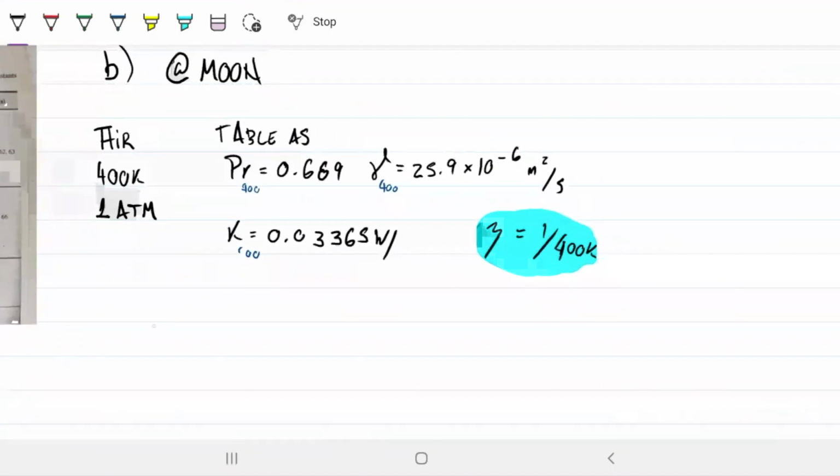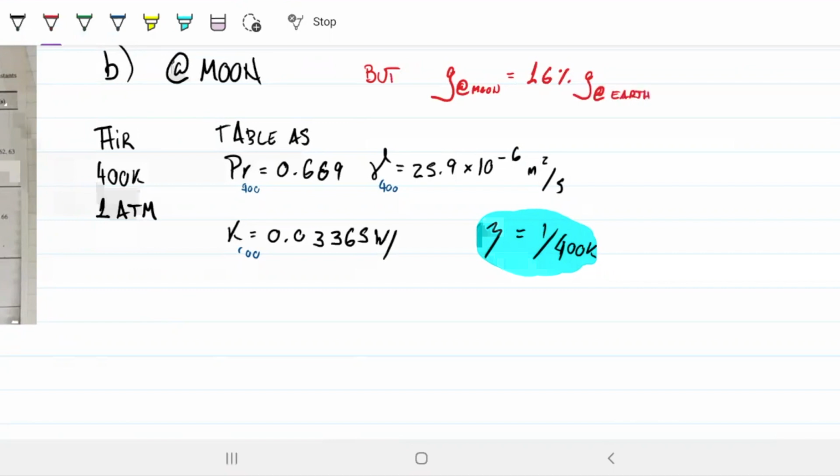So when I calculate Grashof, however, let's put it in red here, g at moon equals 16% g at Earth.